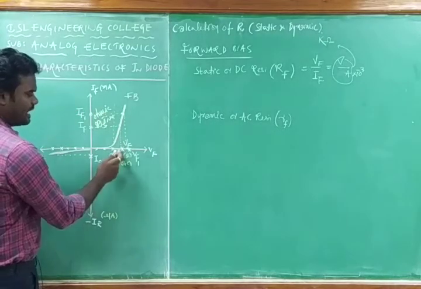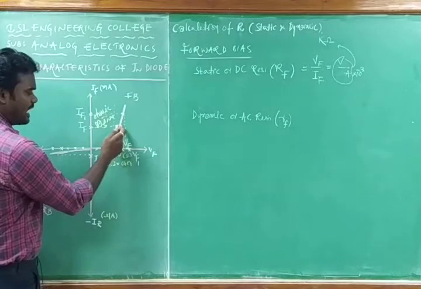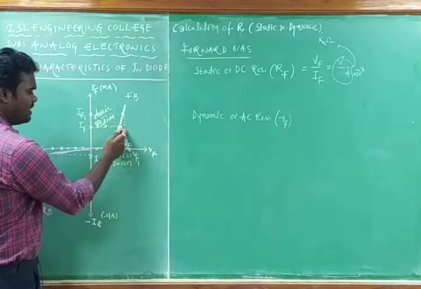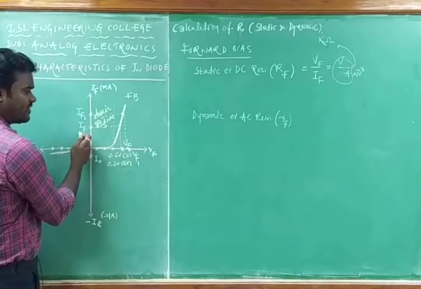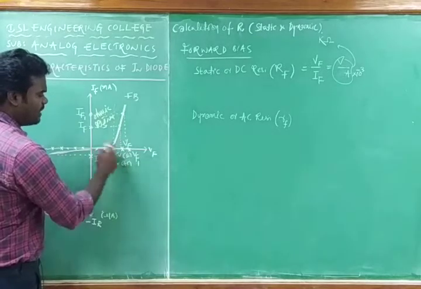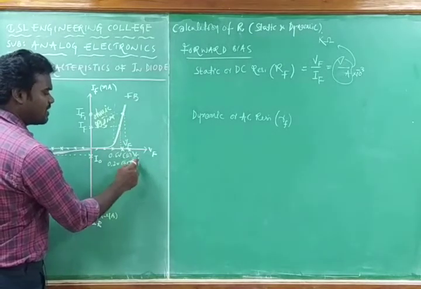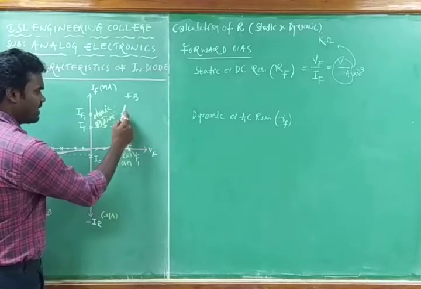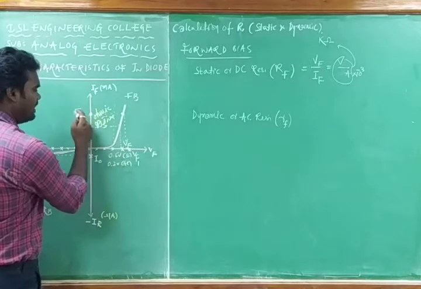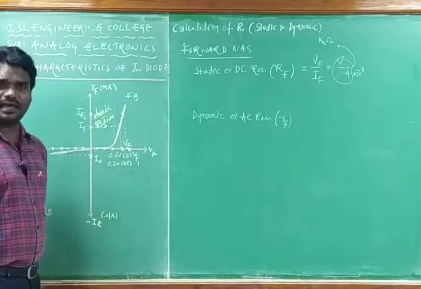I selected VF earlier, which defined one point on the graph, and we identified the corresponding current. Now we have defined one more voltage on the x-axis, VF1, which defines one point on the graph and one current on the y-axis.